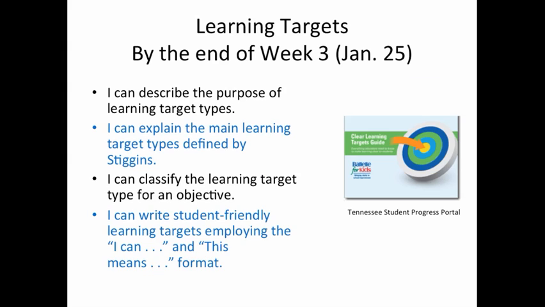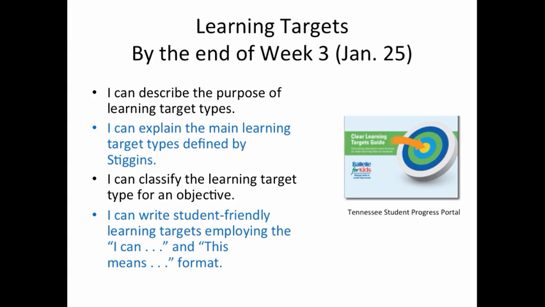For this week, you're going to be studying learning target types. A learning target is a variation on an objective, and learning target types refer to the type of learning in an objective. So we're going to use Rick Stiggins and his definition of learning target types.